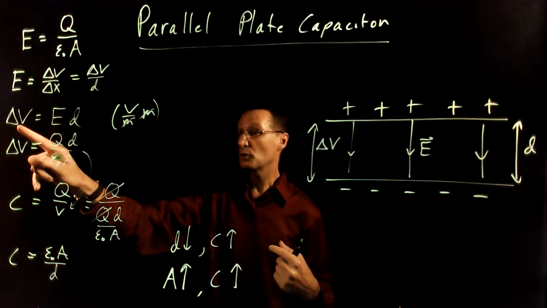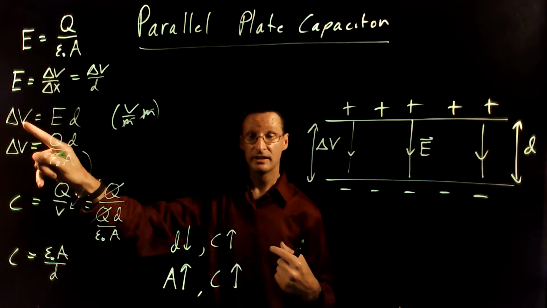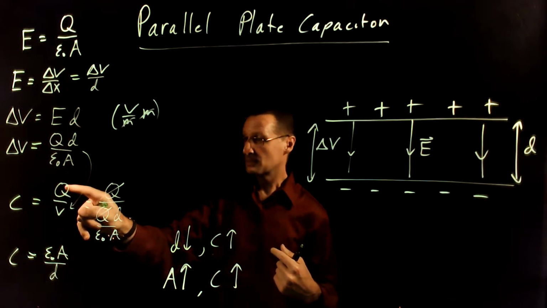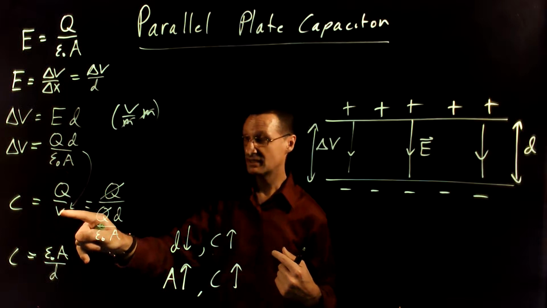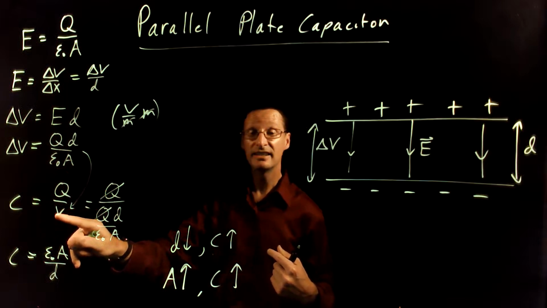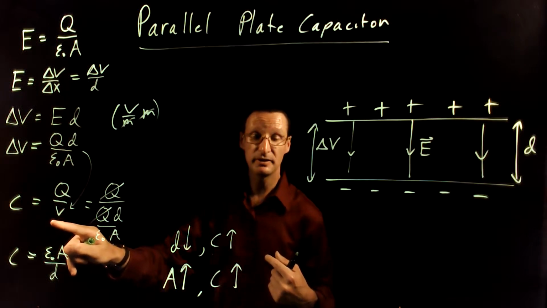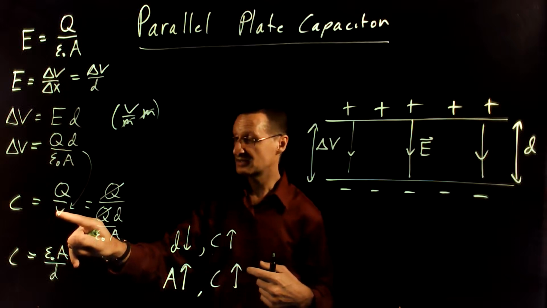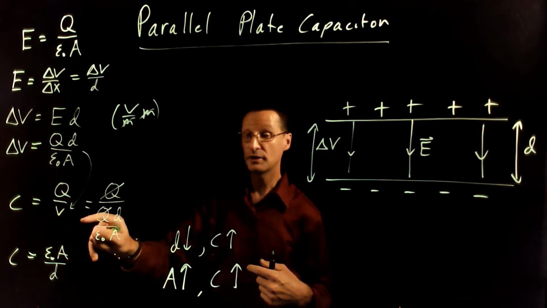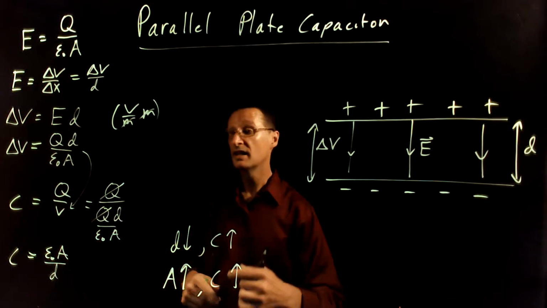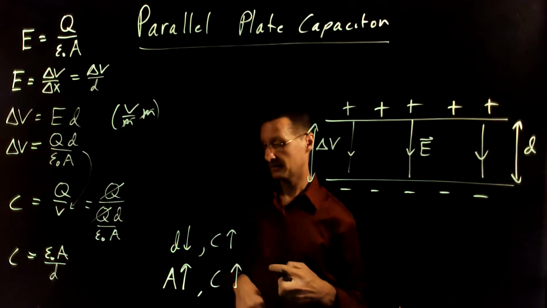That means the voltage difference will decrease. And so if I look back at this, if I keep the same amount of charge on the plates but I decrease the distance, that's going to decrease the voltage difference between the two plates. And if I decrease the bottom part of this fraction, that's going to cause the ratio Q over V to increase, which does make sense, okay?